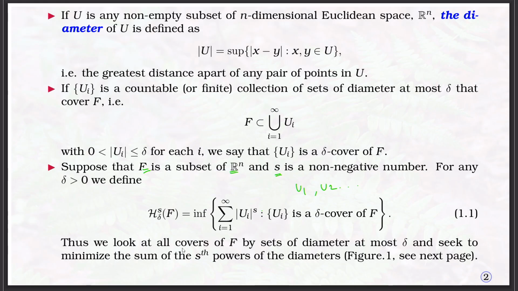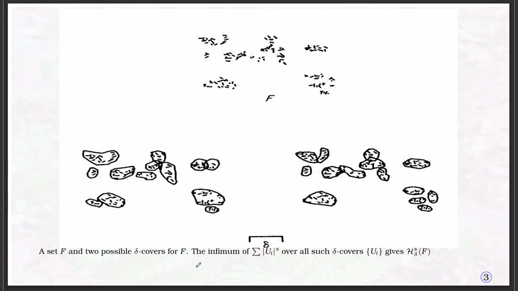Thus, we look at all covers of F by sets of diameter at most delta and seek to minimize the sum of the s-th powers of the diameters. See this figure. Suppose this is our F, and say there are two covers. In one cover you can observe that the balls are not all the same size.